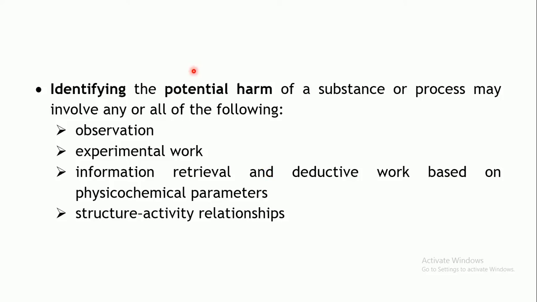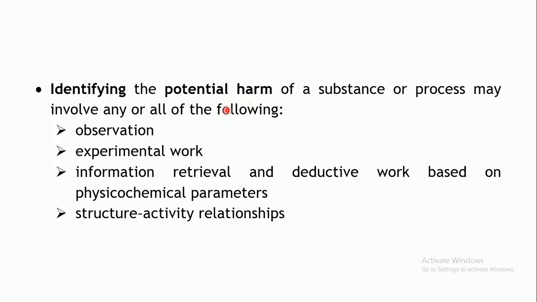So coming to the first step of risk assessment, that is hazard identification. As the name implies, in this step you are identifying the potential harm which can be caused by that particular substance. Now what are the different steps involved in identifying the potential harm caused by a particular substance?